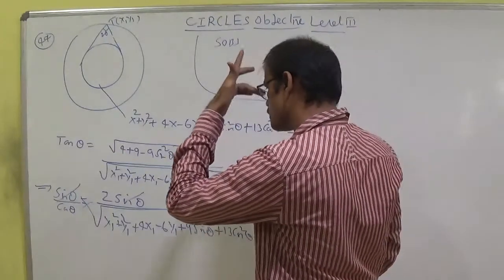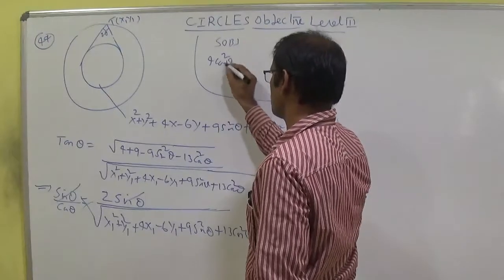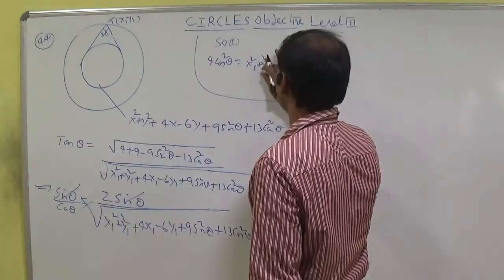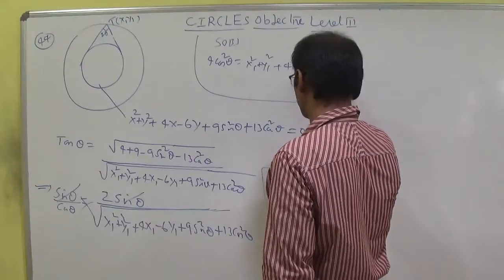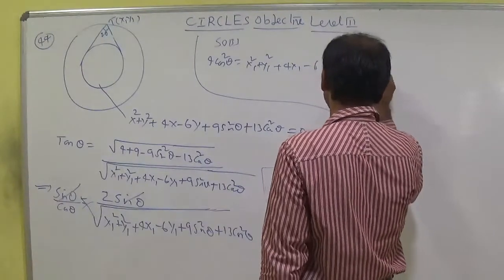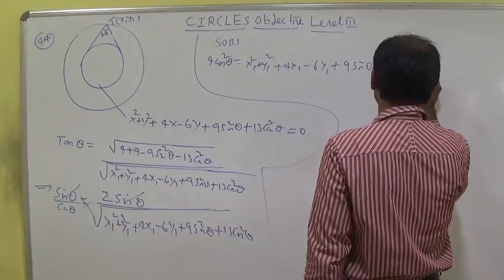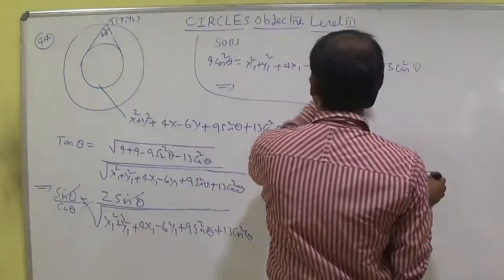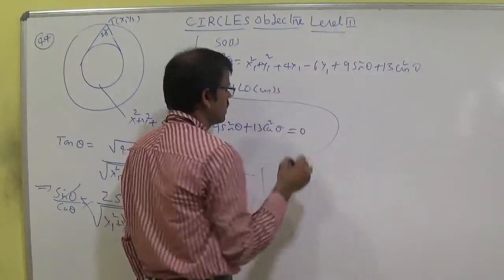The 2 cos square theta becomes 4 cos square theta here. 4 cos square theta is equal to, write the simple locus point, x1 square plus y1 square plus 4x1 minus 6y1 plus 9 sin square theta plus 13 cos square theta. That implies, now taking this one to this side, you can get the locus as follows.